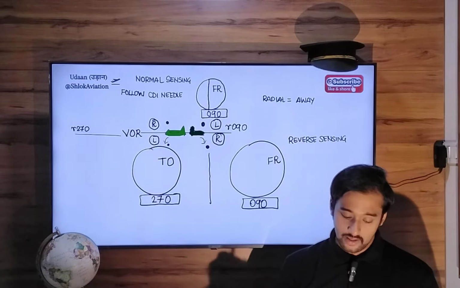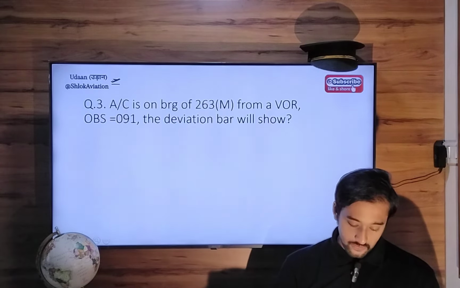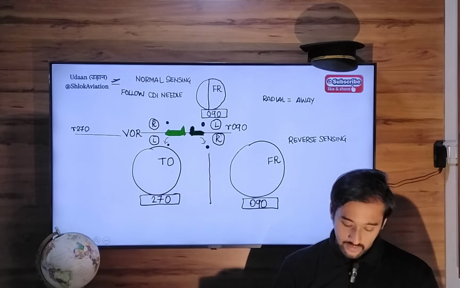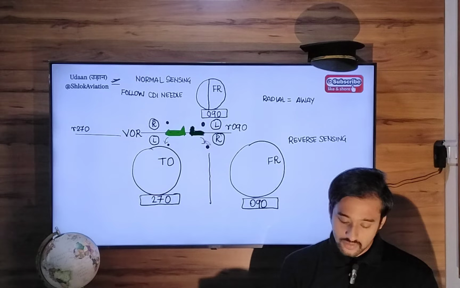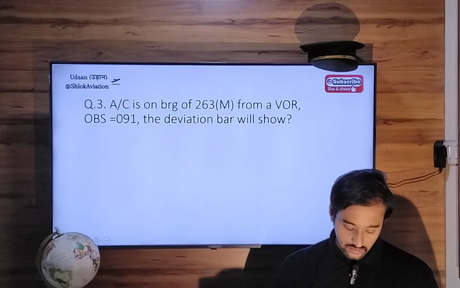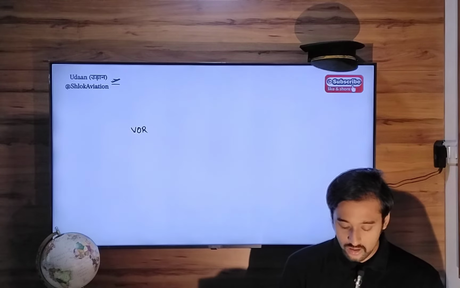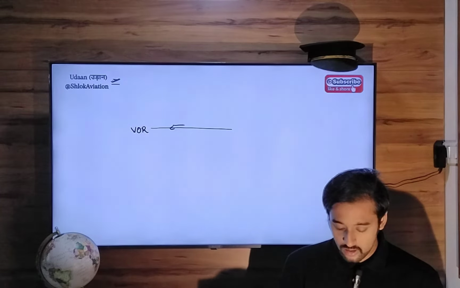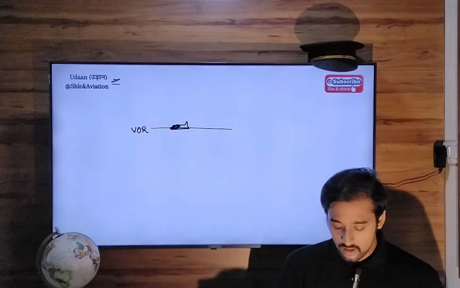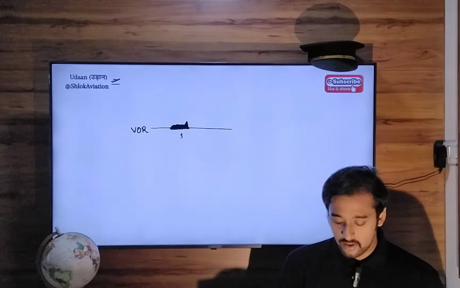For example, you are flying inbound. I will erase this. You are flying inbound towards the VOR. Okay, position number one.